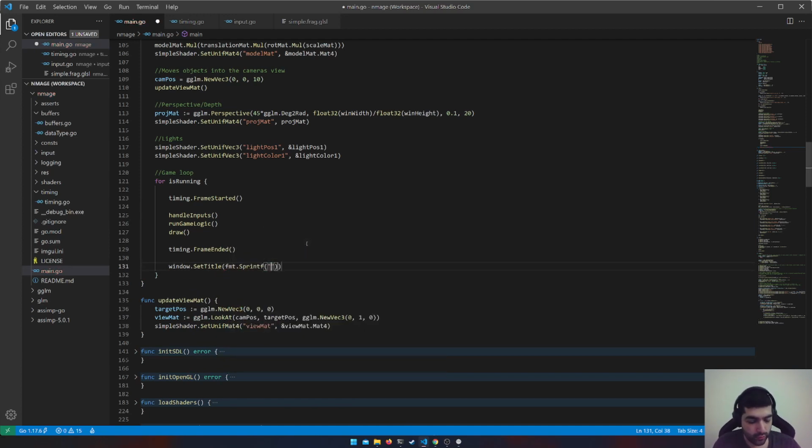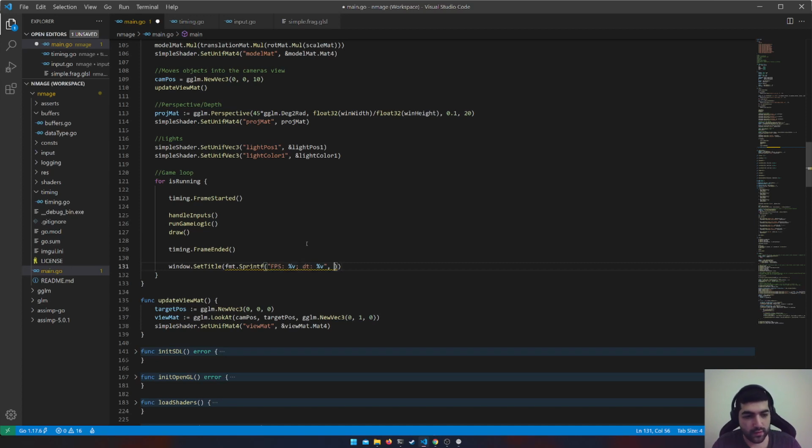fmt.Printf. What do you want to print? Maybe FPS and delta time. FPS is not necessarily the best way to calculate it, because you might want to average it over a few frames. But for now, one way is that the delta time can be converted to FPS by converting it to seconds, I think. Let's see.